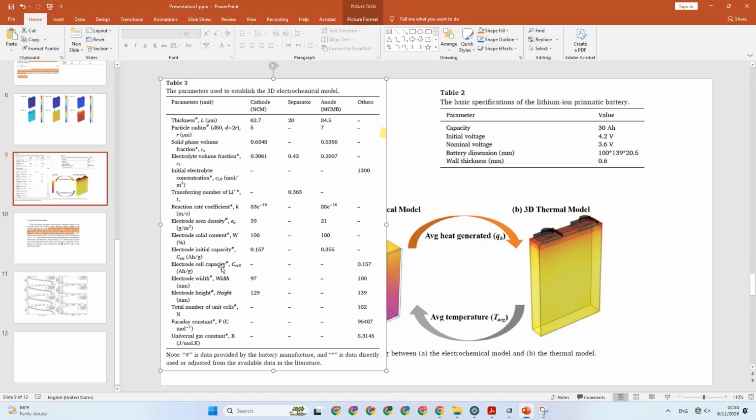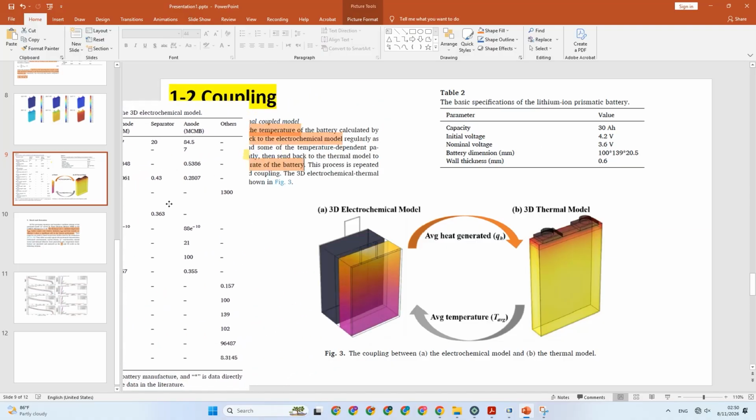Electrode, cell capacity per Ah. Oh, we will correct it. Just electrode width, electrode height. Say 129, maybe 10 millimeter, due to this separator.